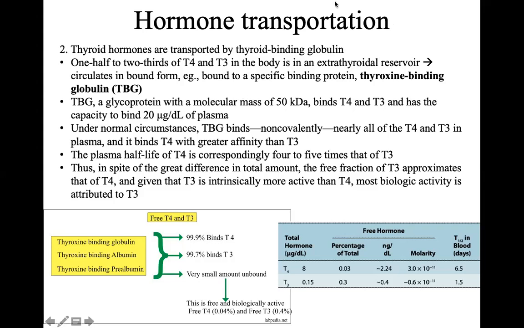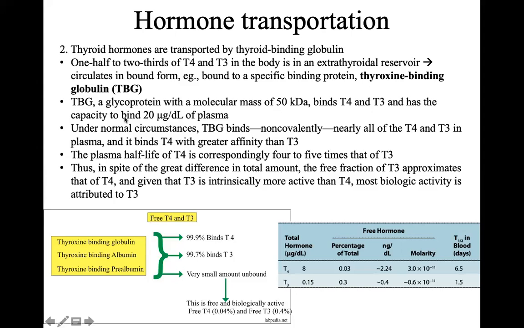Once secreted, they quickly go to the bloodstream and to the target cells. To do this, they need the thyroxine binding globulin, a special protein to carry T4 and T3 in the bloodstream before they reach the target cells or the nucleus of the target cells.